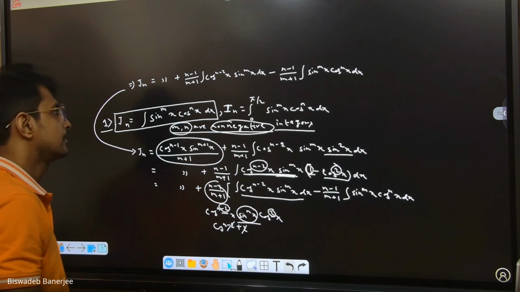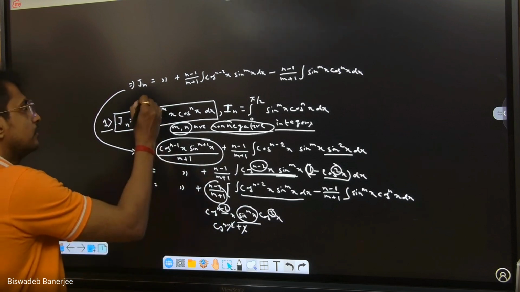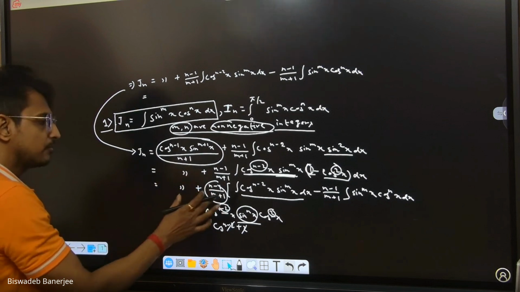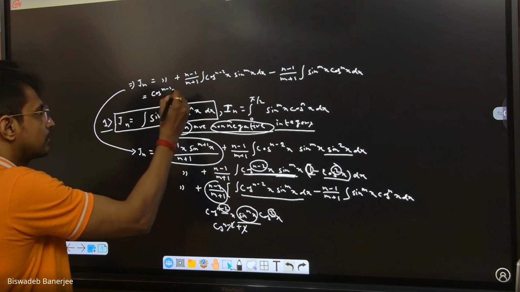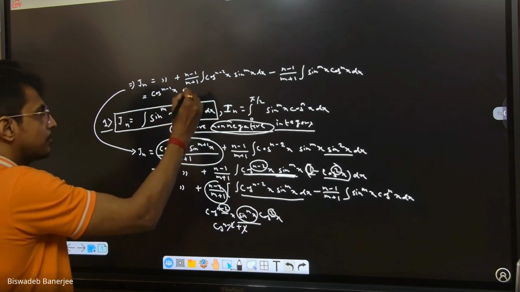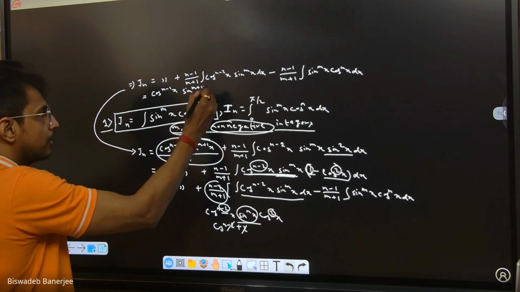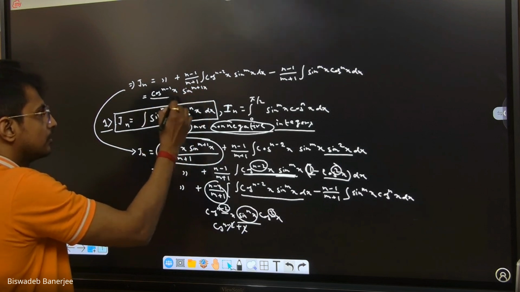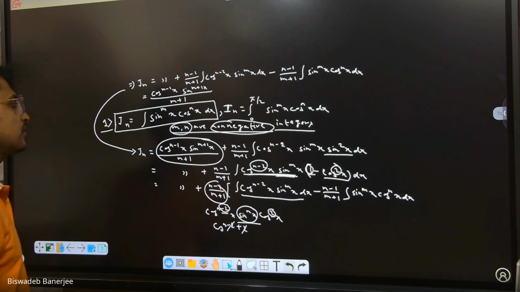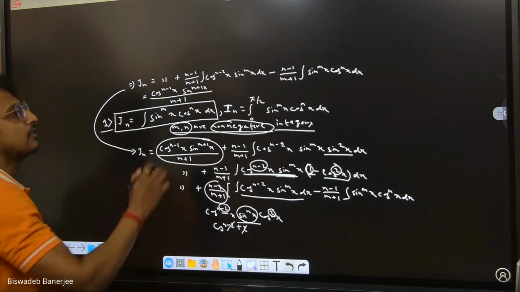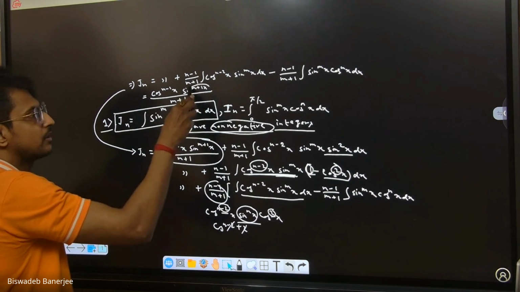Okay, done. My Jn becomes in this form. Now we shall write the first portion. My first portion is cos to the power n minus 1x into sine to the power m plus 1x divided by m plus 1.